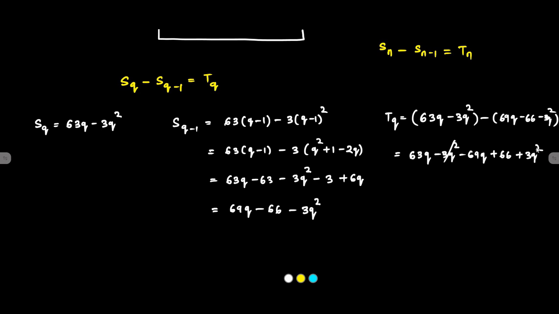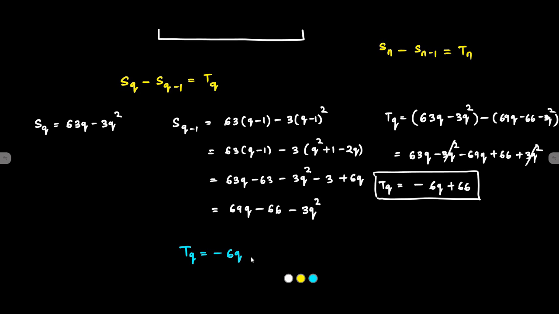So minus 3q square plus 3q square is cancelled. So this is 63 minus 69, that is minus 6q plus 66. This is the general qth term of the arithmetic progression, the general nth term expression.